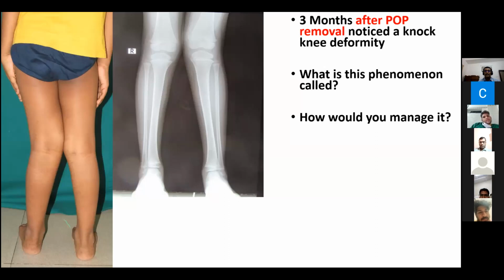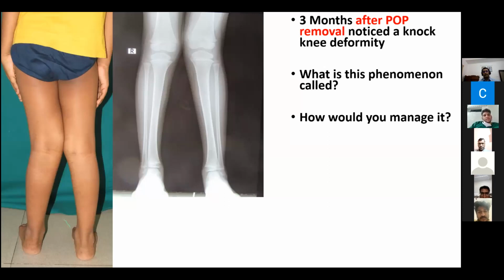Now, if it doesn't resolve within 3 years, what will you do? Guided growth. Hemiepiphysiodesis, sir. Yes, hemiepiphysiodesis. Now, why did I say 3 years? Sufficient growth should be left for hemiepiphysiodesis. No, it's not that.